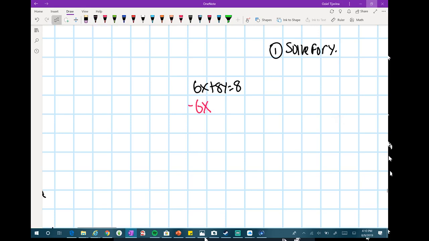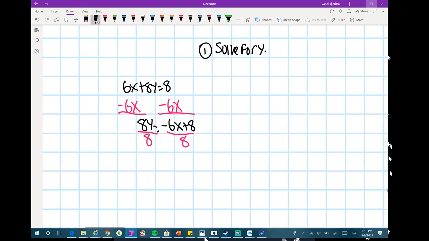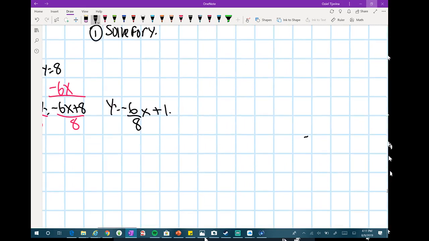To solve for y, you subtract 6x on each side, and then you get 8y equals negative 6x plus 8. Then you divide by 8, and you get y equals negative 6/8 x plus 1. And you can simplify this, so you have y equals negative 3/4 x plus 1.